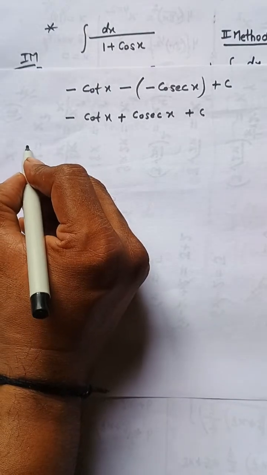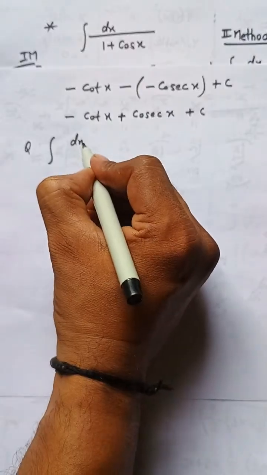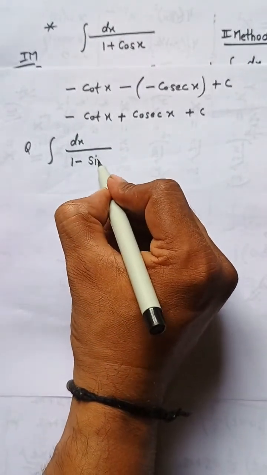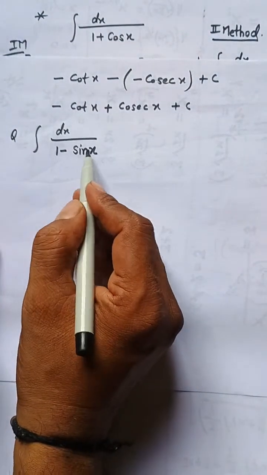I have one question: integration dx upon 1 minus sin x. You can see this one, 1 minus sin x. If this sine could be cos, then we could do the integration easily.